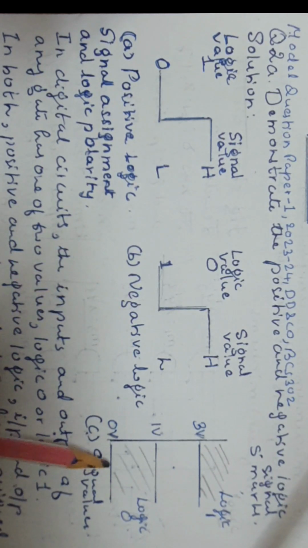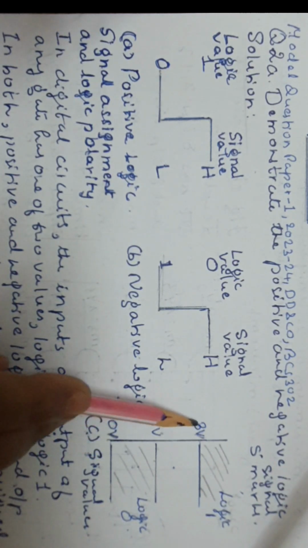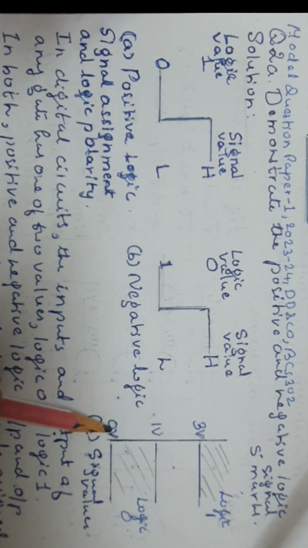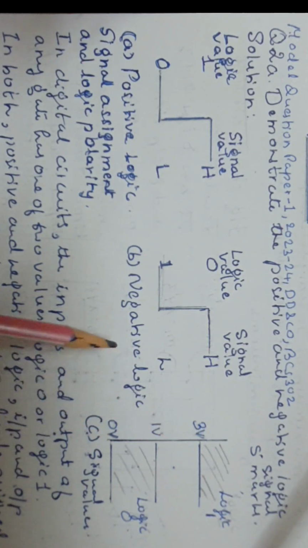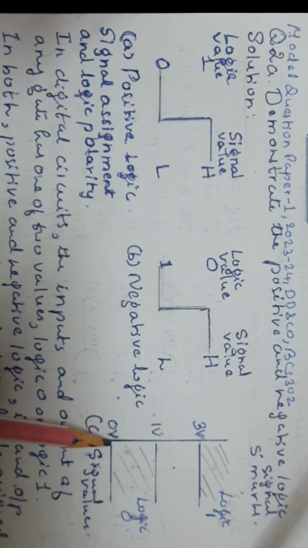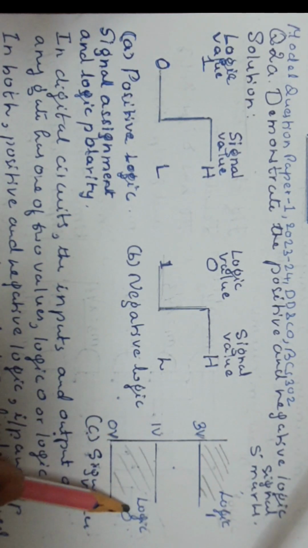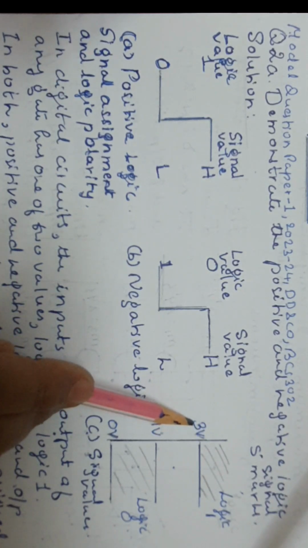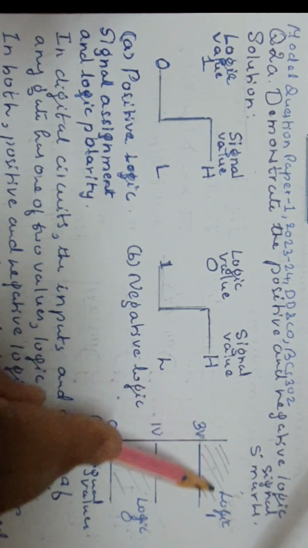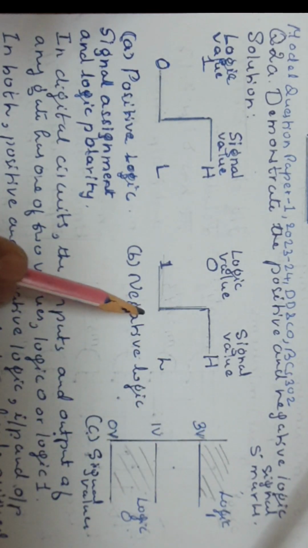In signal values, in this figure, along the y-axis we can see 0 volts, 1 volt, 3 volts. So in the field of digital electronics, DC voltage values from 0 to 1 volt are called logic 0, and from 3 volts to 5 volts are called logic 1.